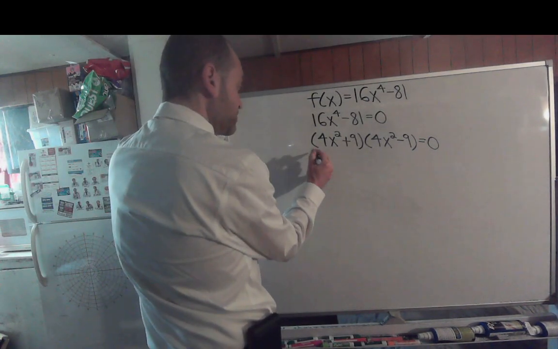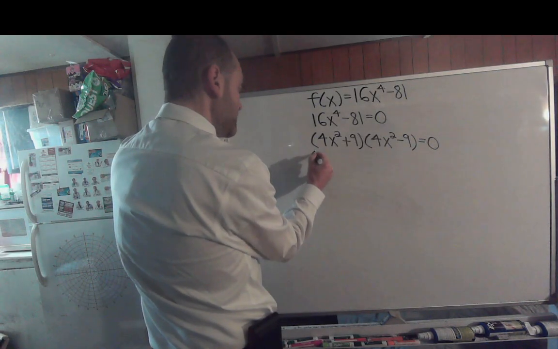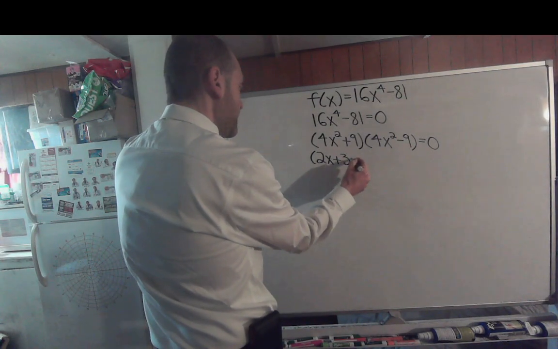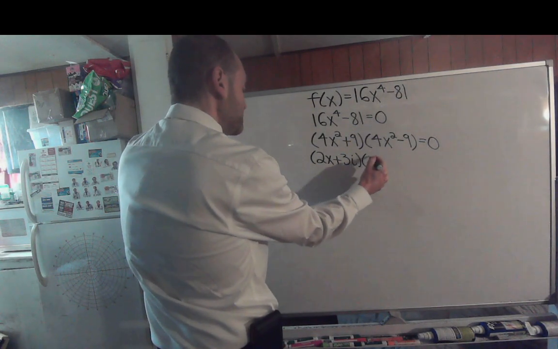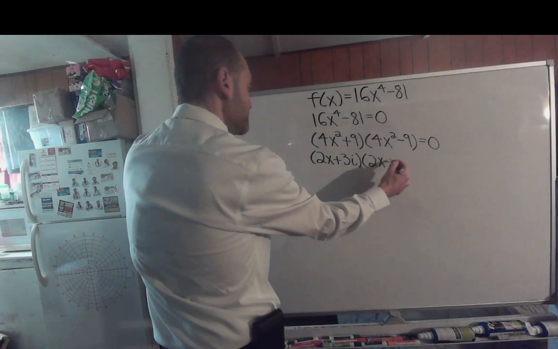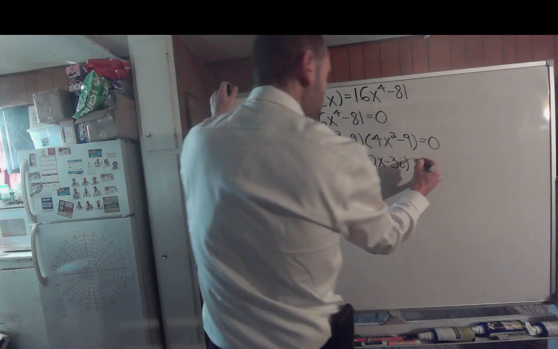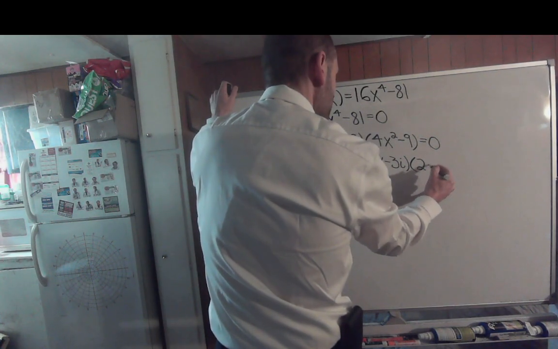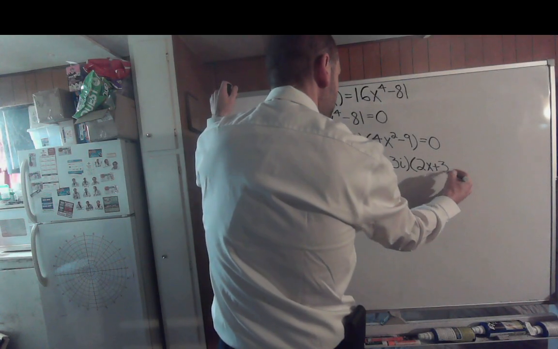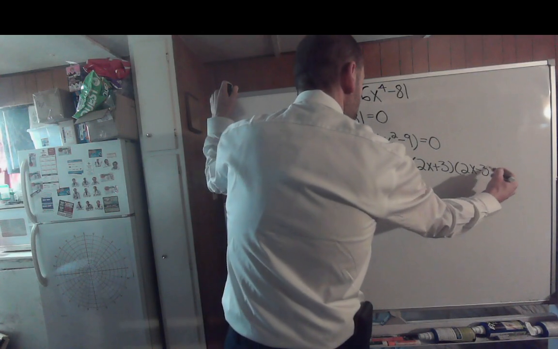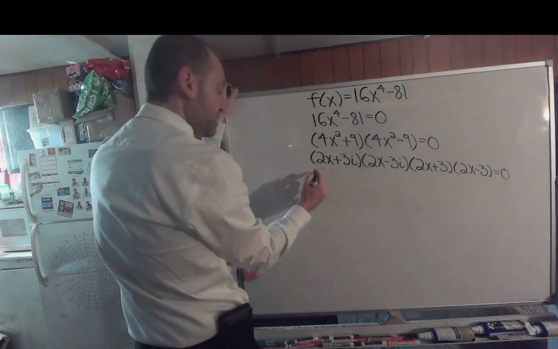That sum of 2 squares, that 4x squared plus 9, would turn into 2x plus 3i times 2x minus 3i. And then that 4x squared minus 9 would turn into 2x plus 3 times 2x minus 3 equals 0. So there's your 4 solutions.